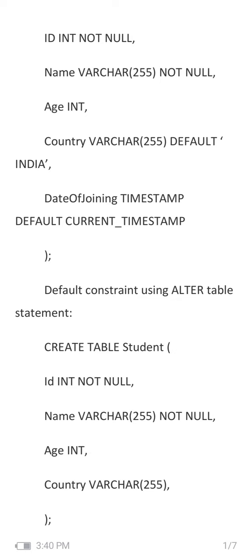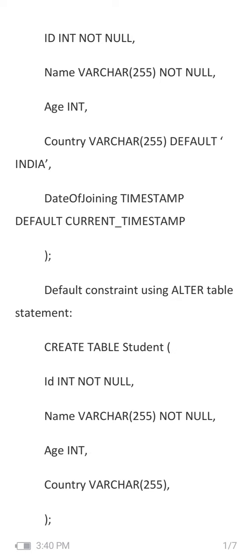Why? Because we are using a constant default here. If there is no entry made for this field for some record, then by default it will take the current date and time with the help of the current timestamp keyword. This is what it does.